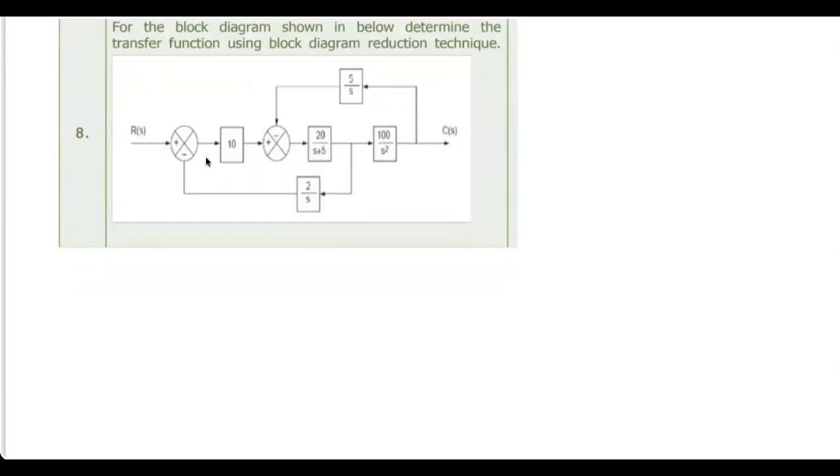For the block diagram shown below, determine the transfer function using block diagram reduction technique. Now, if we remove this from here to here, then this has to be multiplied here.